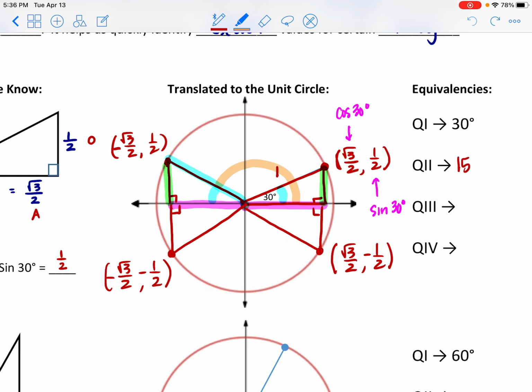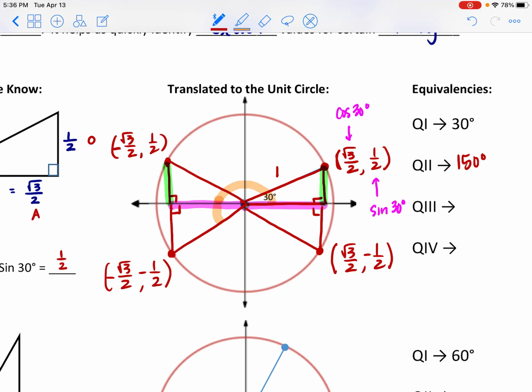And then we can go a little further with this. Let me get rid of some of these highlights. Okay, so this was 150 degrees in quadrant 2. Now if I went the full 150 and then another little 30 for this triangle, then this angle here would be 180 plus 30.